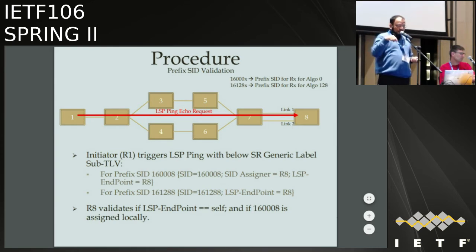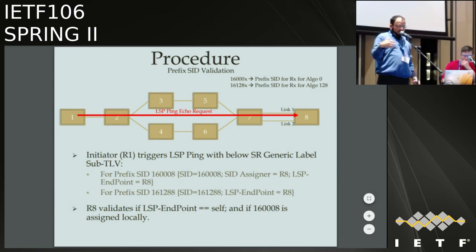But the way it will work here is that the initiator R1 will carry the FEC. Let's take one example at a time. If we want to ping a prefix SID with algo 0, then the initiator will carry the prefix SID 16008, the assigner is R8, and the LSP endpoint is R8. When the packet comes to node 8, it knows that it can receive this packet either on link 1 or link 2.